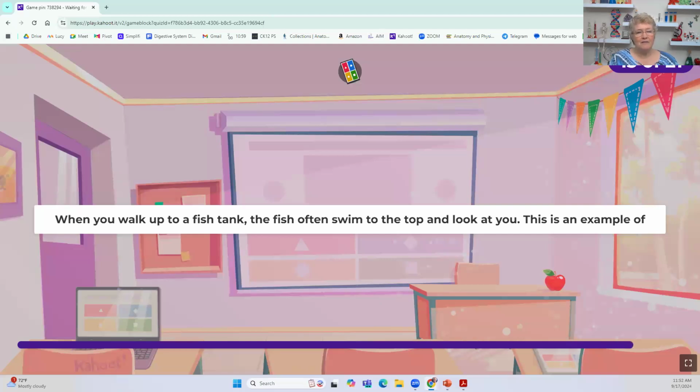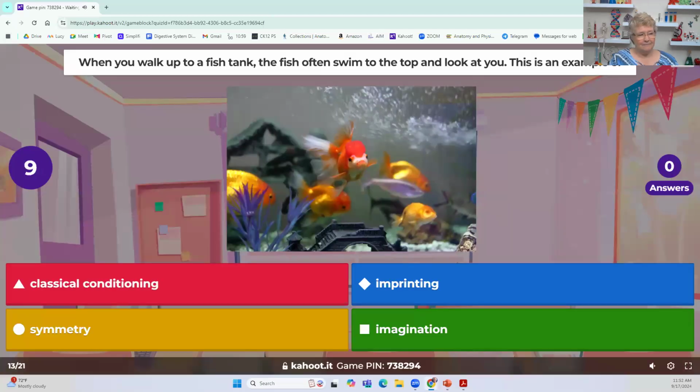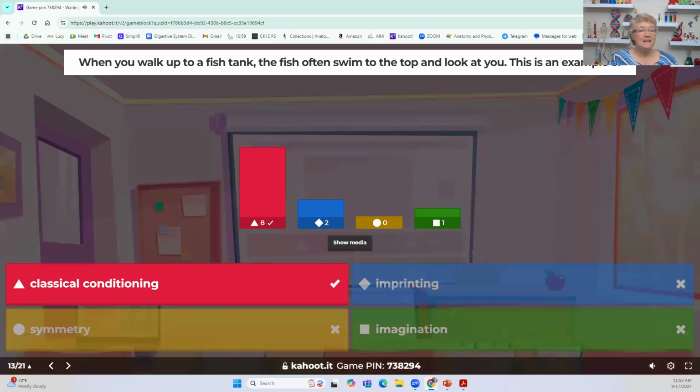This is an example of classical conditioning. So those fish become conditioned. Your presence usually means food. So they become conditioned to you.